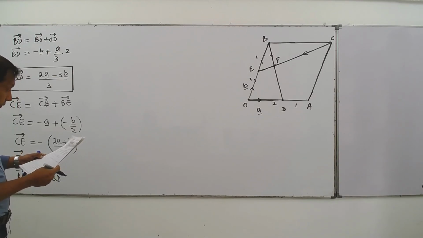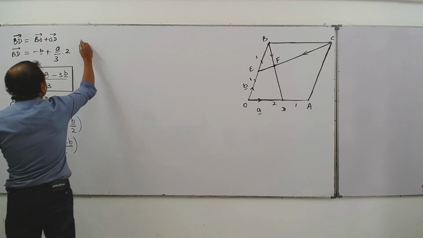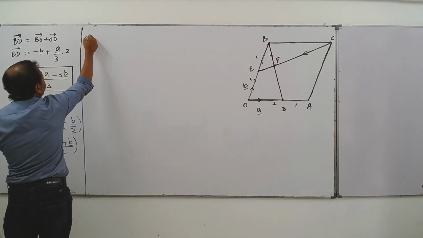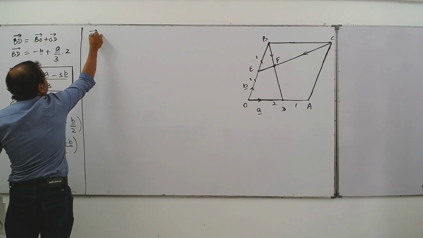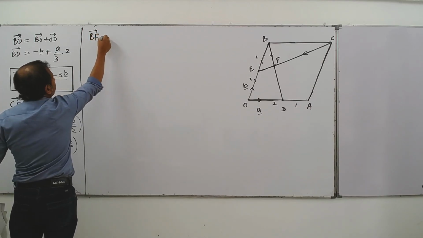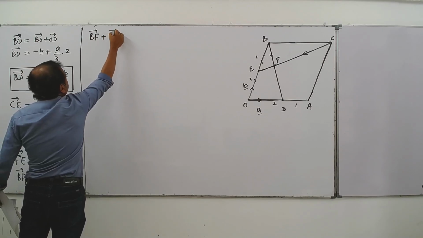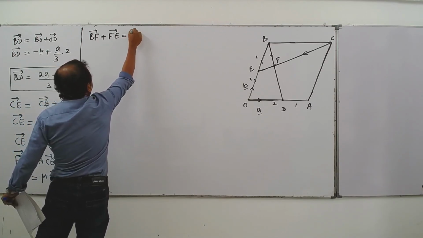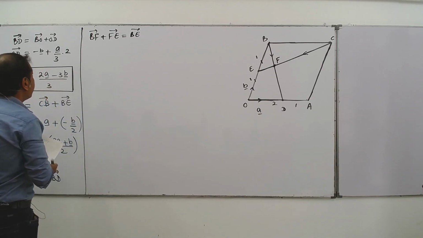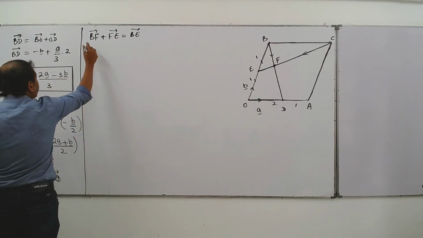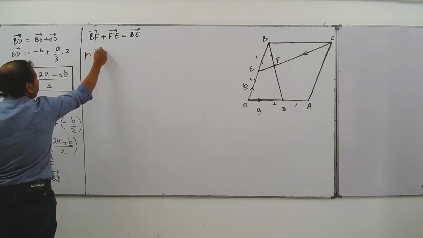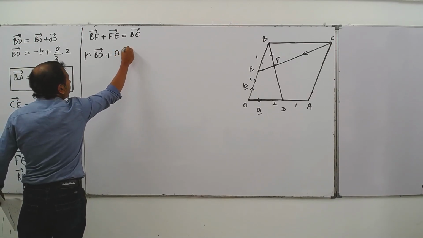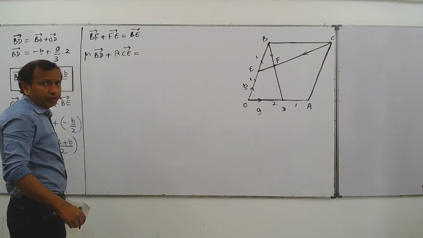Then we can write BF vector plus FE vector equals BE vector. BF vector is mu BD, FE vector given as lambda CE, BE vector means minus B by 2.